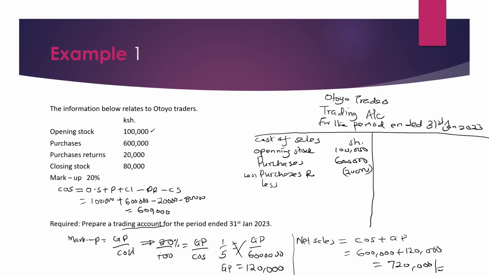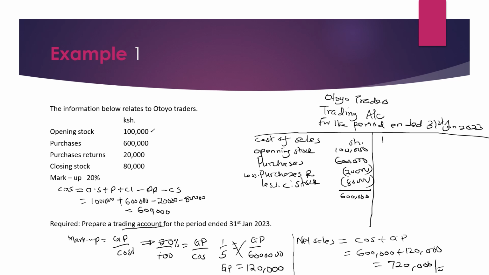This is less purchases returns, less closing stock of 80,000. Then what do we get there? We get the cost of sales at 600,000. We have already done it here, we just transfer it there.